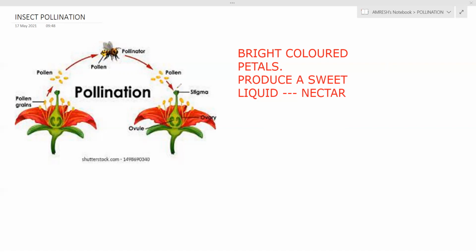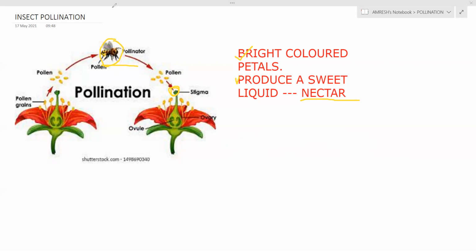So it deposits the pollen grains on the stigma and the flower gets pollinated. The two things to remember: bright colored petals to attract the insect, and secretion of nectar, because the pollinator, the bee, comes to feed on nectar and deposits the pollen grains on the next flower.